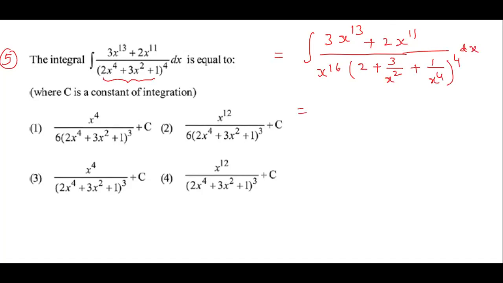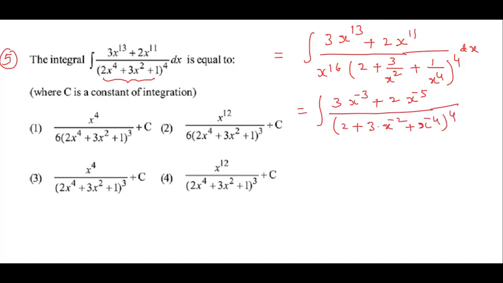That is equal to, now dividing the numerator by x power 16: you will get 3 into x power 13 divided by x power 16, 1 by x cube, that is x power minus 3, plus 2 into x power 11 divided by x power 16, 1 by x power 5, that is x power minus 5, divided by the denominator 2 plus 3 into x power minus 2 plus x power minus 4, whole power 4, dx.